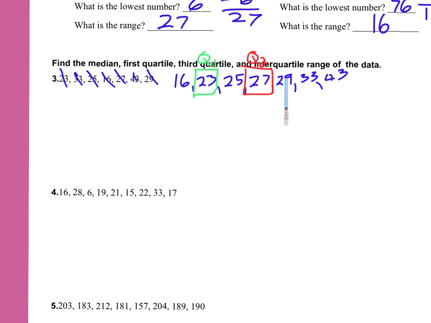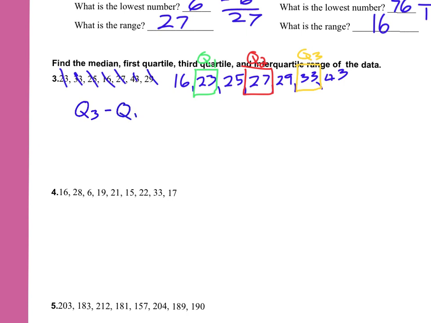So we're looking at 29, 33, and 43. Well, there's the median. And we are going to go like that. And that is Q3. So we've identified the Q1, the Q2, and the Q3. So now to find the interquartile range, remember from what we did earlier, we're going to go Q3 minus Q1.